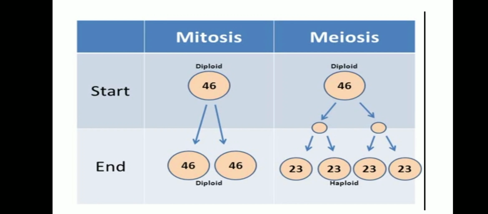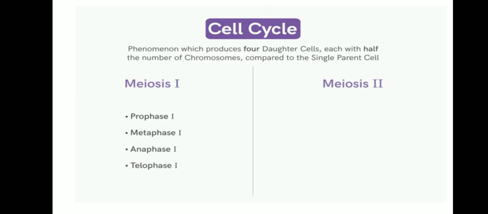But it is completely different for meiosis. Not 2 daughter cells. Here 4 daughter cells are produced. So it undergoes two steps. Today we will see in detail about this meiosis cell division.